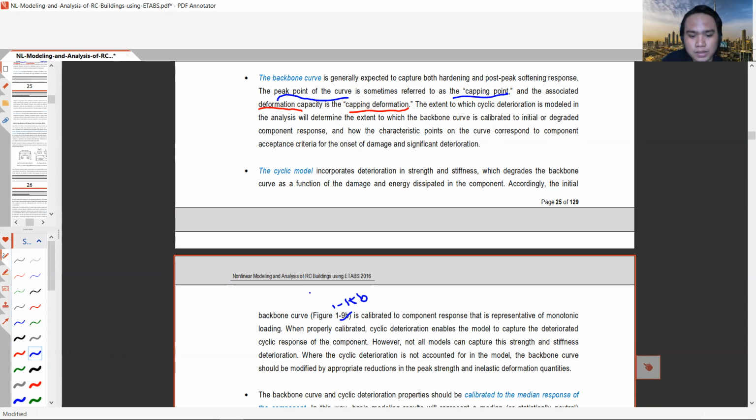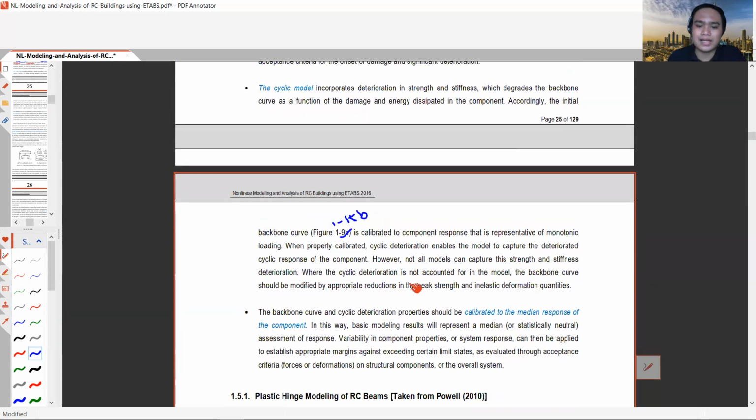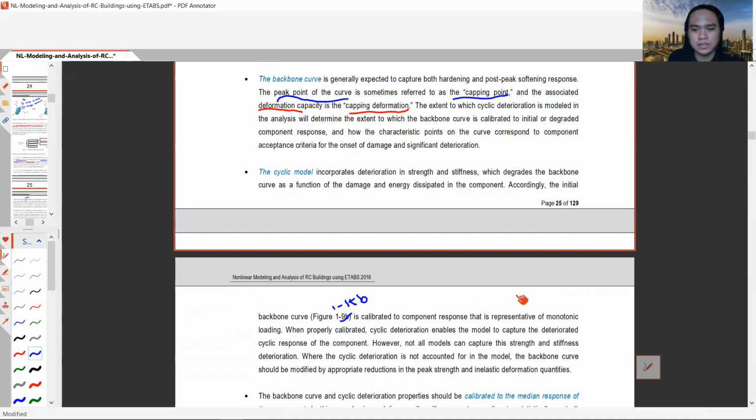So when properly calibrated, the cyclic deterioration enables the model to capture the deteriorated cyclic response of the components. However, not all models can capture the strength and stiffness deterioration. Where the cyclic deterioration is not accounted for in the model, the backbone curve should be modified by appropriate reductions in the peak strength and the inelastic deformation quantities.